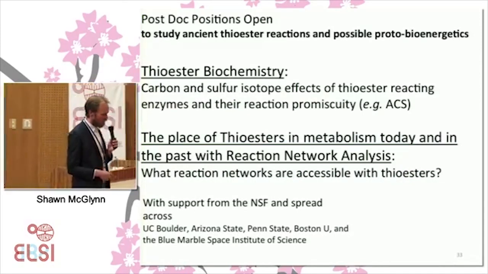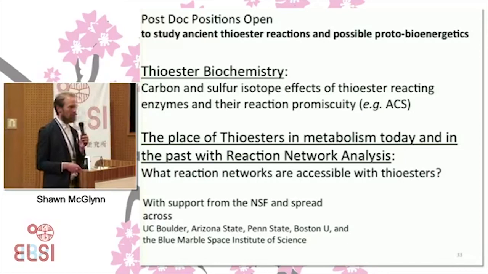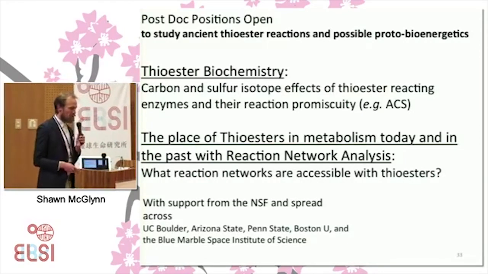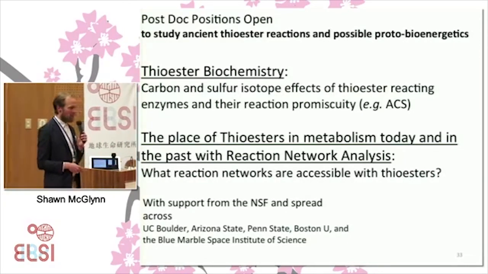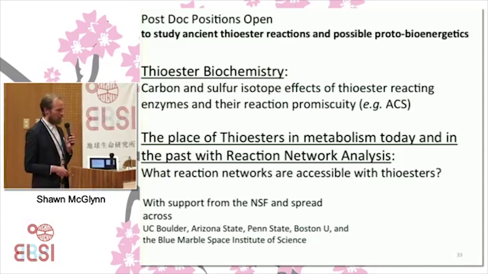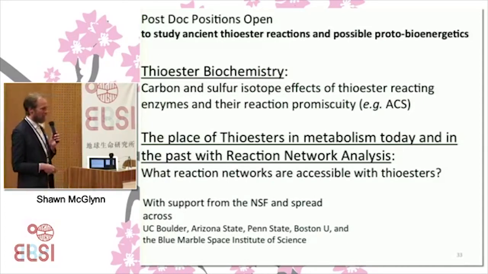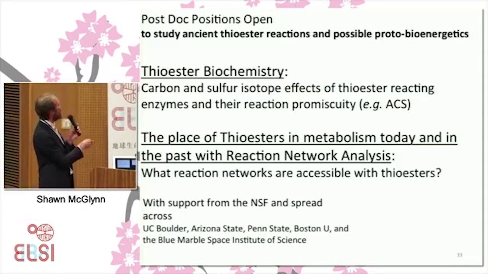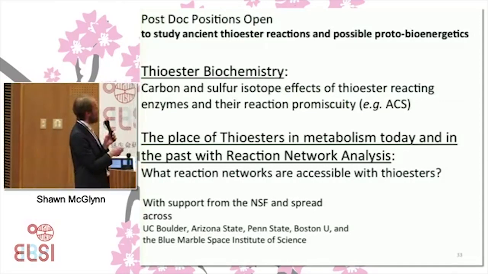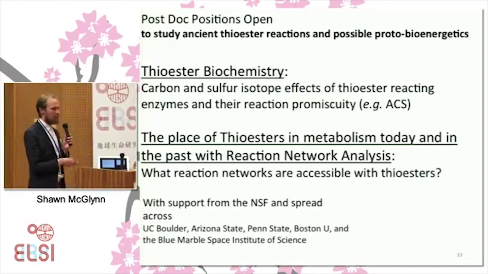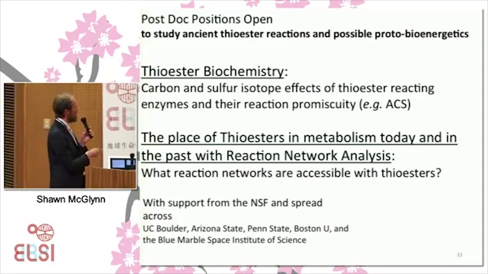Haruyuki Atomi gave a really, really fascinating talk a couple of days ago when he mentioned that some enzymes are able to use N-acetyl-2 amino ethane thiol instead of acetyl-CoA as a cofactor, and I think that is pretty interesting from an evolutionary perspective.